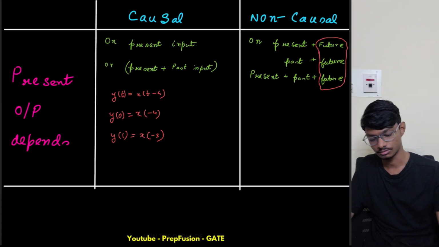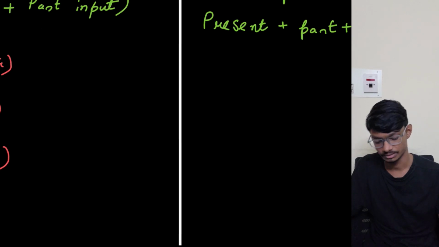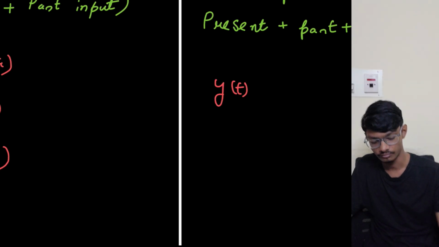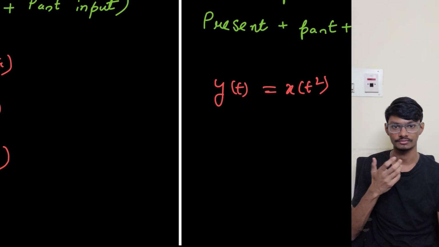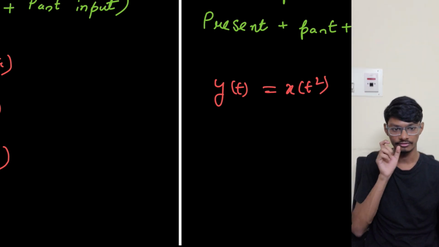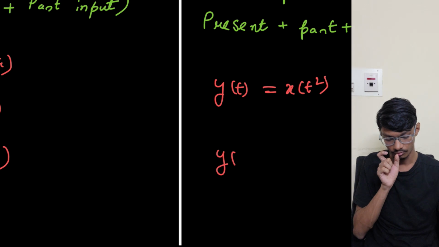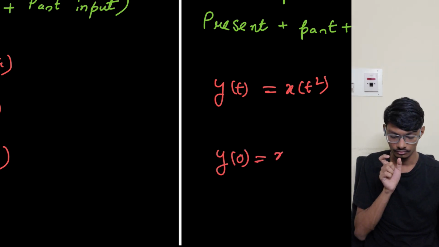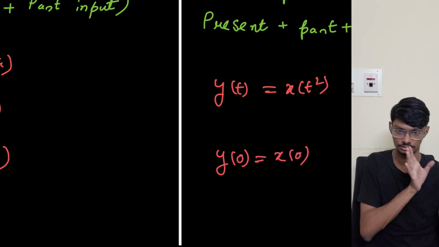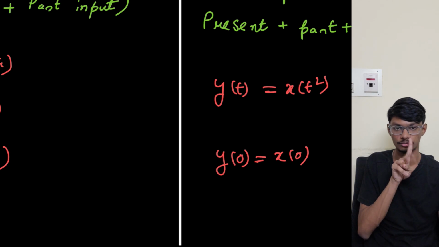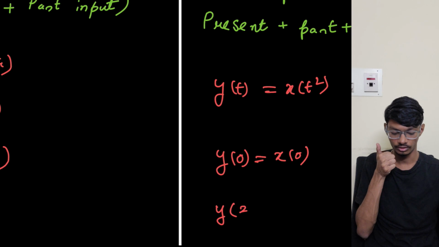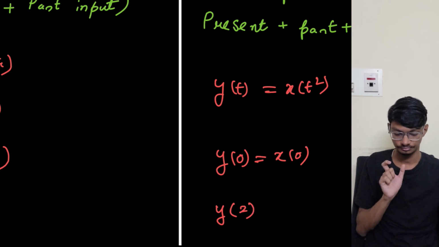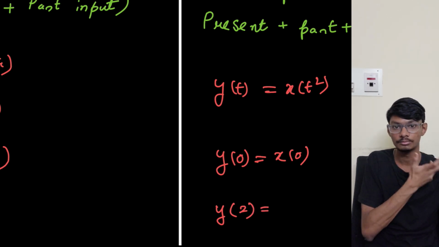Let me write down a few examples. Let's say we have one signal y of t, with the output dependent on the input as x of t square. Now if I want to find y of 0, we are getting x of 0. This is fine, input and output are dependent on the present time only. But if I want to find y of 2, what is the input this time?